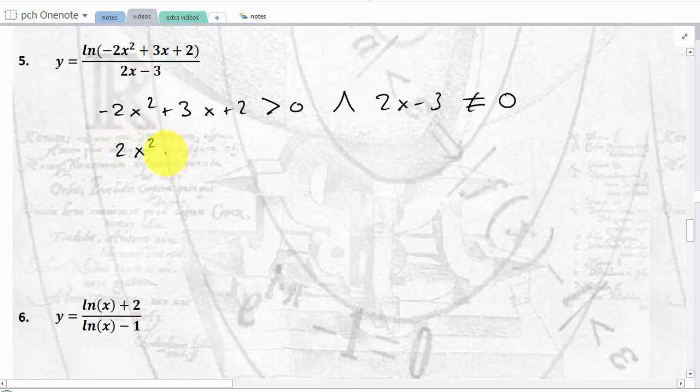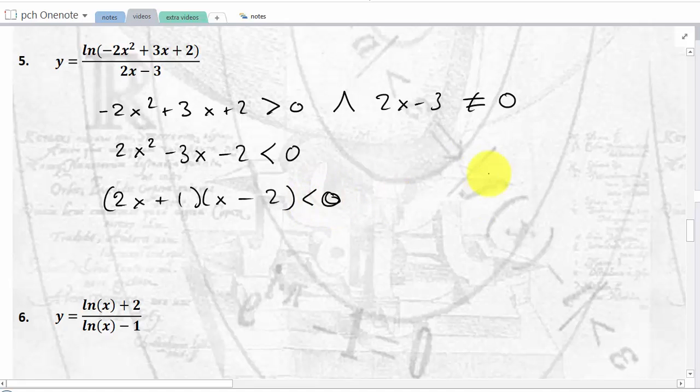2x squared minus 3x minus 2 has to be negative, right? And multiplied by negative 1. Let's see if we can factor that. 2x, x, 2, minus, plus. Okay, so what do we have here? We have a parabola, and it's concave up, and we want it to be negative, right?